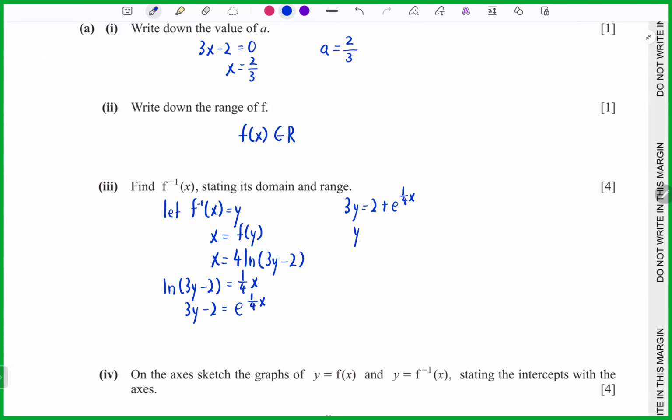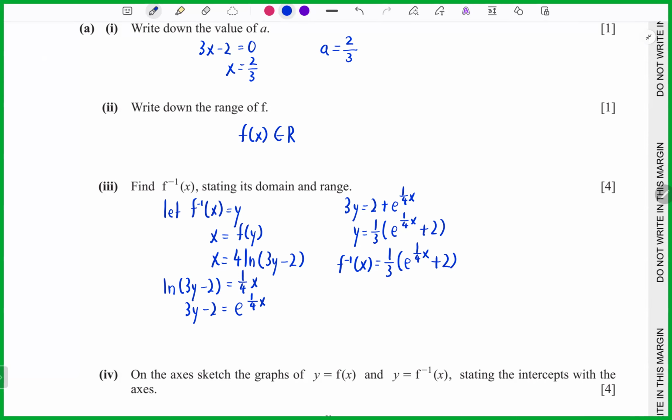So 3y equals 2 plus e to the power 1 over 4x. So y equals 1 over 3 bracket e to the power 1 over 4x plus 2. So you can find your inverse equals 1 over 3 (e^(x/4) plus 2).